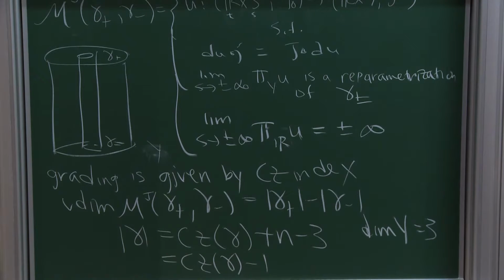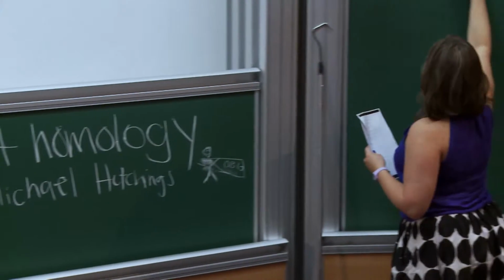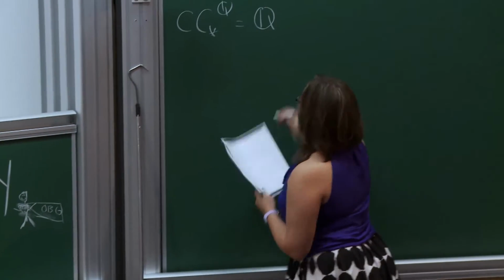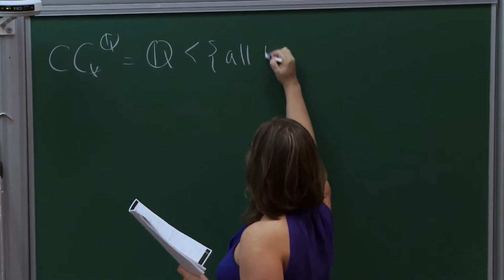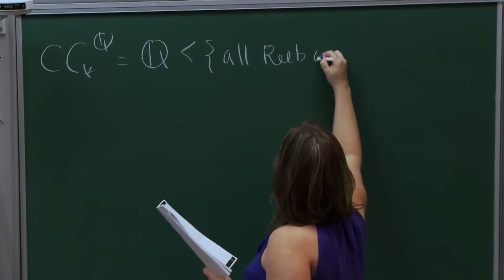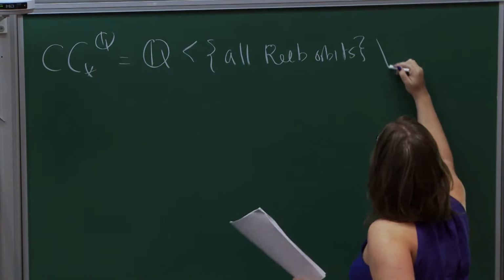So then I can tell you what the chain complex is. This is going to be generated by only good Reeb orbits. So we take the set of all Reeb orbits, and then we throw out bad Reeb orbits because they're bad.